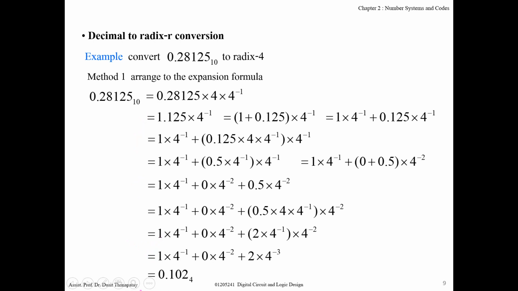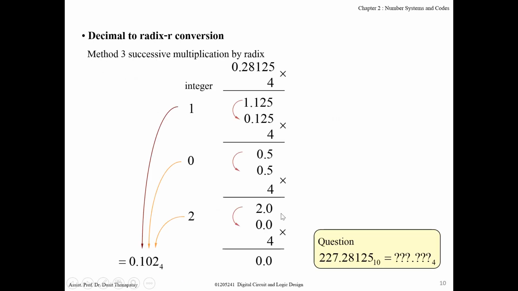Observe where this result comes from. First of all, this one is from this integer, which comes from 4 multiplied by 4, and it becomes this. The next digit is 1, and the next digit is this one. So you can do it using this method: successive multiplication by the radix number. For example, 4 multiplied by this becomes 1 dot.